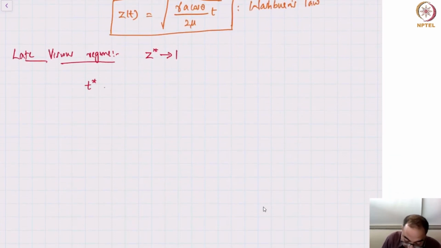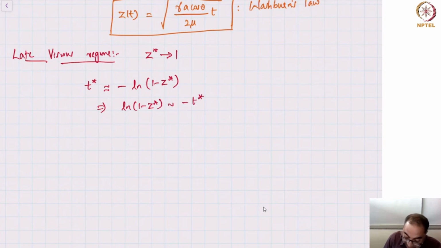T star is approximately minus logarithm of 1 minus Z star. These are the two dominant terms, and therefore I have logarithm of 1 minus Z star goes like minus T star. 1 minus Z star is exponential of minus T star.